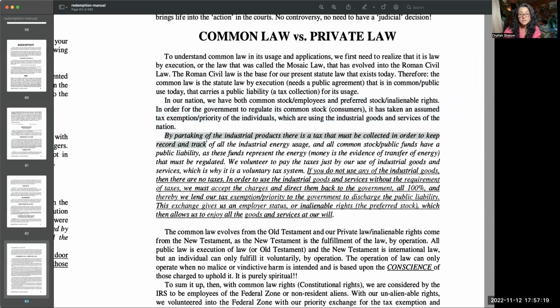By partaking of the industrial products, there is a tax that must be collected in order to keep record and track of all the industrial energy usage, and all common stock public funds have a public liability. As these funds represent the energy, money is the evidence of transfer of energy that must be regulated.